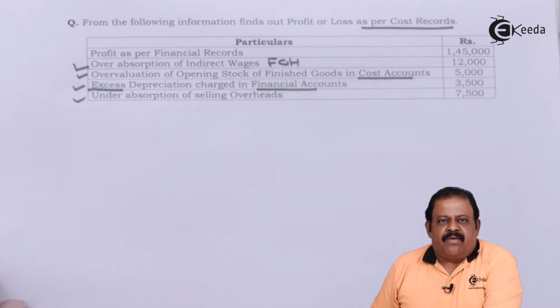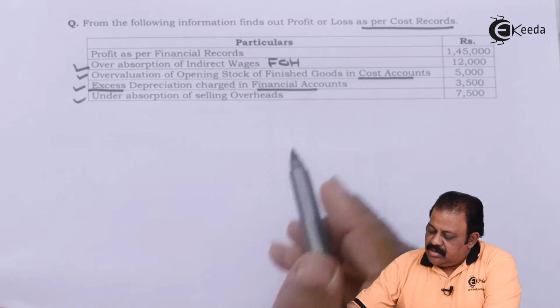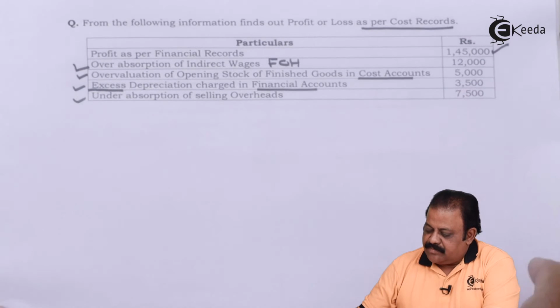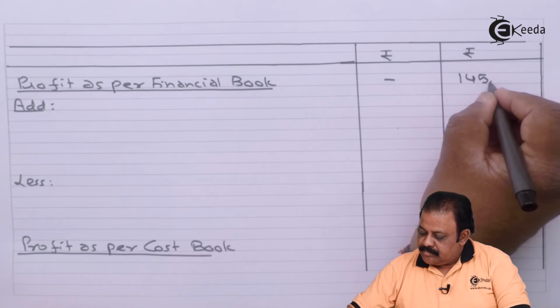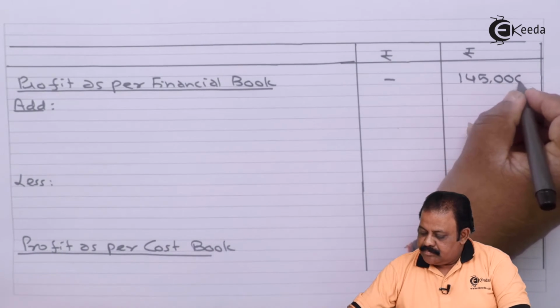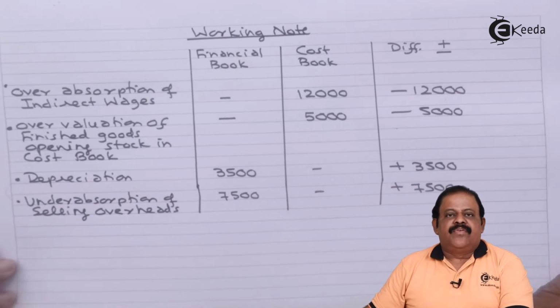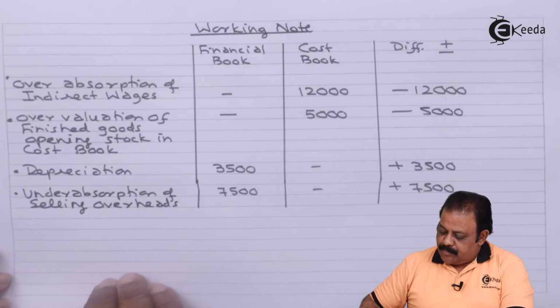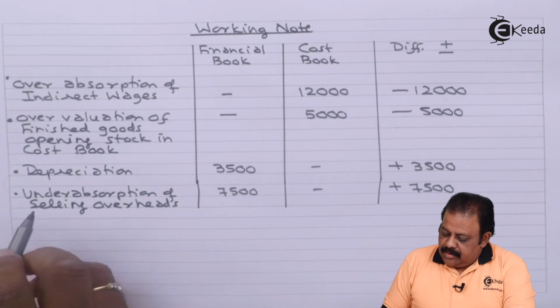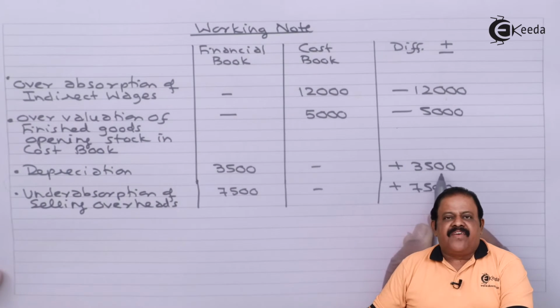We have to start with profit as per financial book, which is given 1,45,000. It will be recorded in second column. Now as per our working note, we have to take items which are plus. Depreciation plus 3,500.